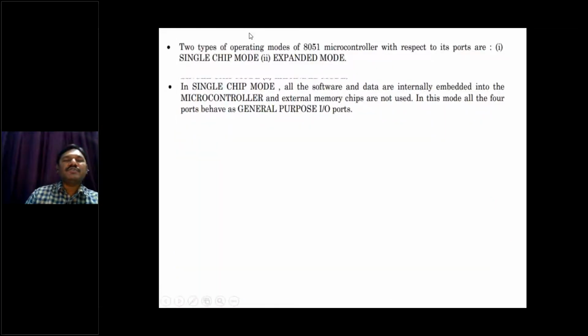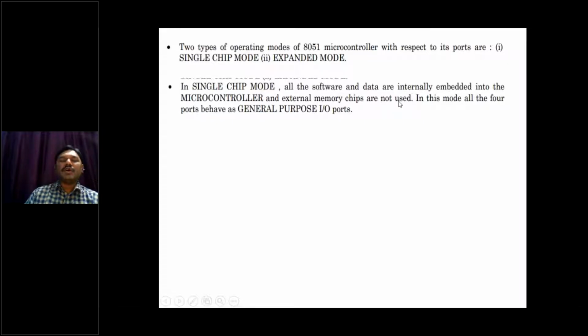Right, so there are two types of modes in the 8051 pin diagram. In the single chip mode, all the software and data are internally embedded into the microcontroller. We know that the 8051 microcontroller has on-chip memory of RAM and ROM, and external memory chips are not used.